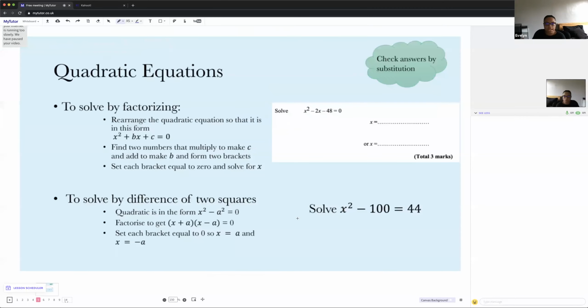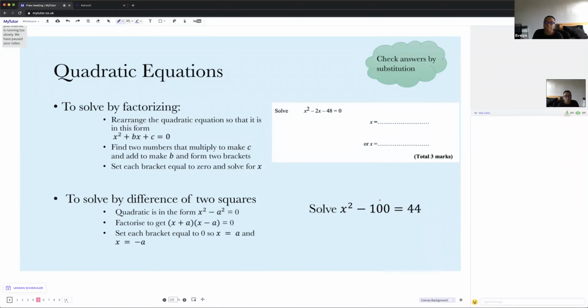So let's go on to quadratic equations. We had a look at solving by factorizing. Remember, rearrange the equation so that it's equal to 0. Always do that as your first step with quadratic equations. Then you need to find two numbers that multiply to make C and add to make B, and then set each of your brackets equal to 0 and solve for x.